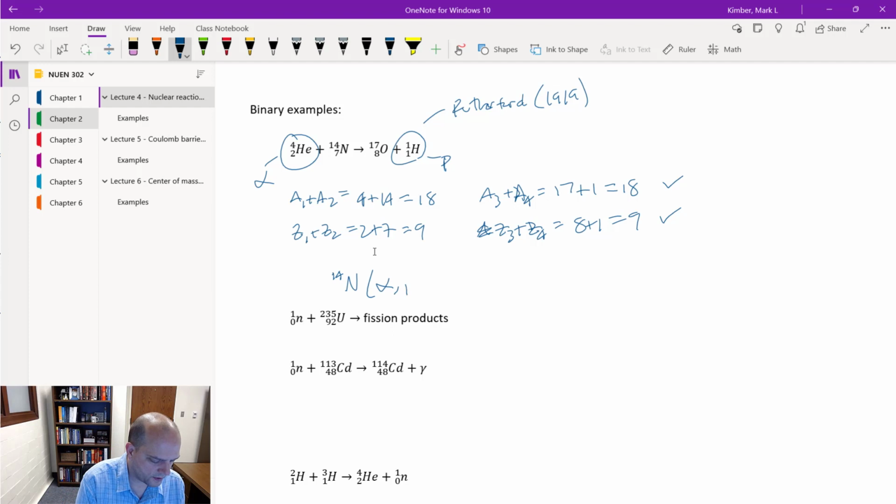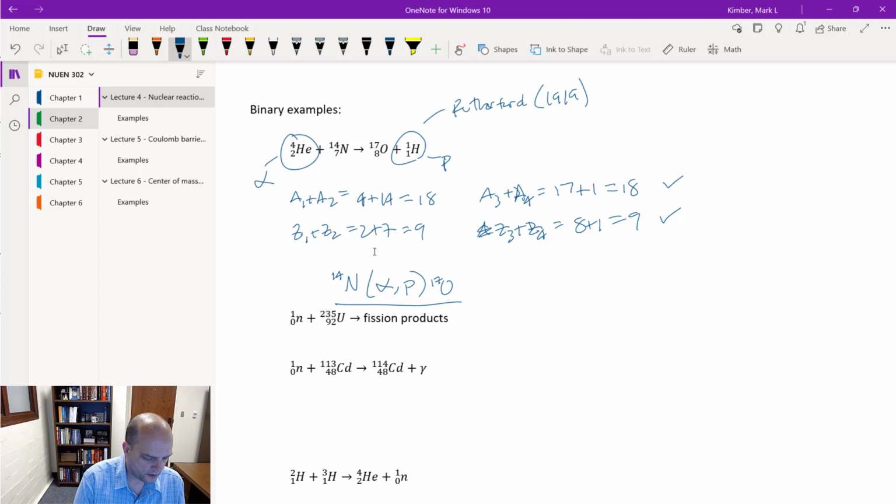So this would be alpha, p: alpha on the reactant side, proton on the product side. And then I put the resulting heavy isotope on the product side. That's the nomenclature I'm going to use as shorthand for the equation provided above.